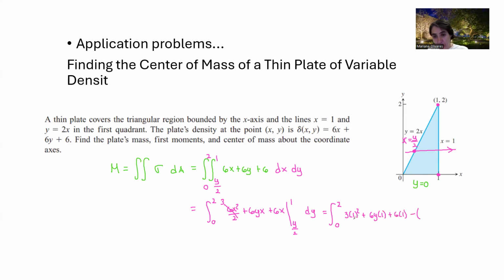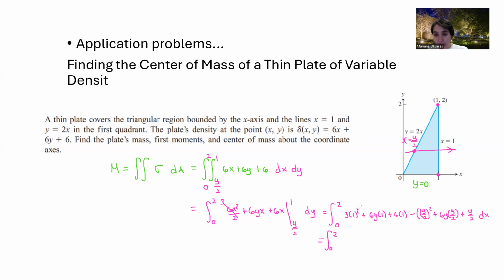And we need to subtract the evaluation of the lowest limit, which is this y divided by 2. So this is going to be y divided by 2 squared plus 6y times y halves plus y half. Okay? Let's try to simplify a little bit this because it seems kind of long.